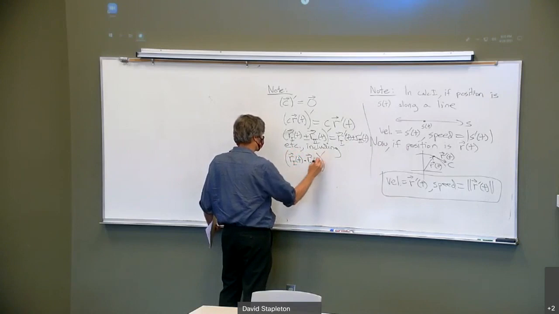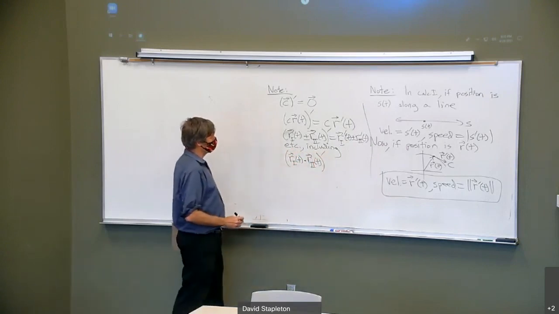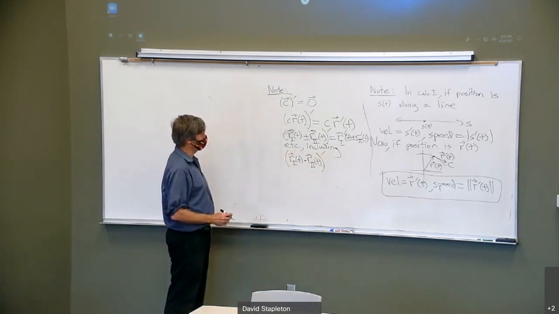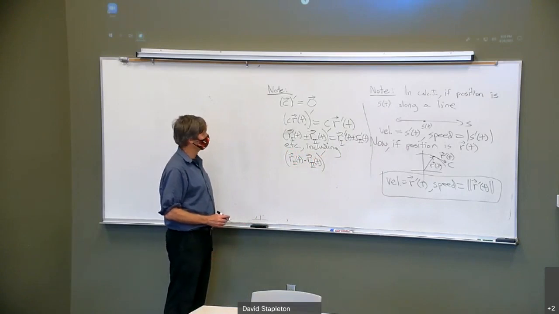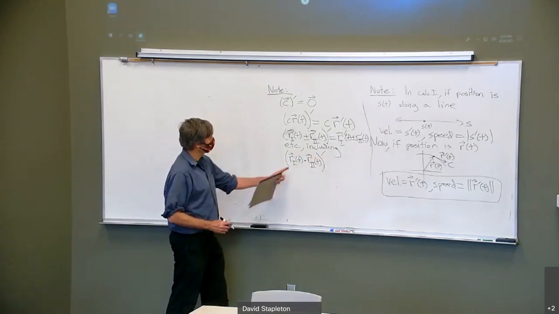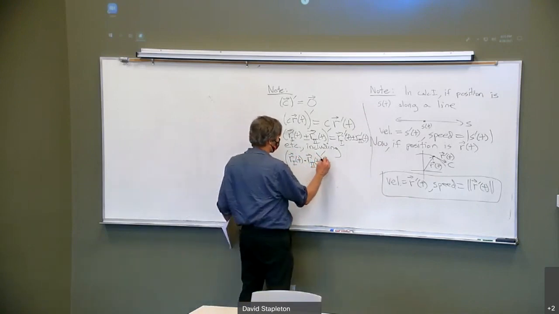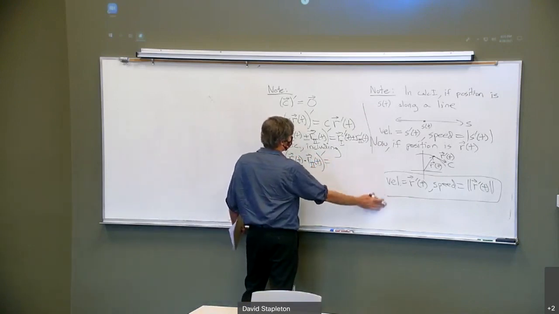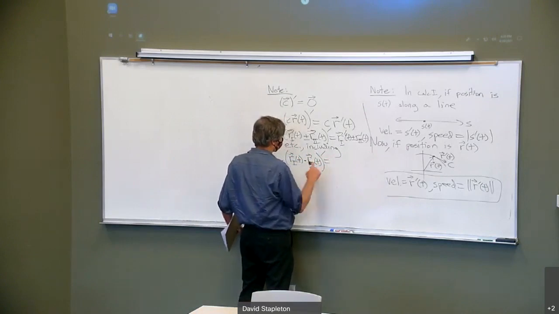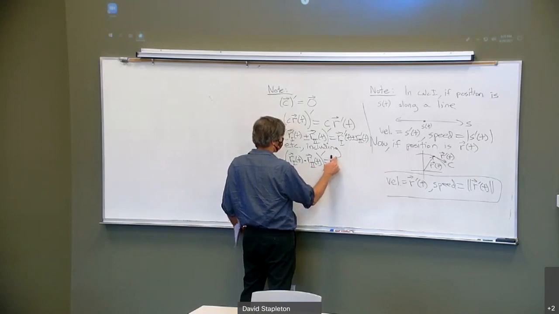And then take the derivative. What would you guess it would be from the product rule of calculus 1? Derivative of this times this plus this times derivative of this, right? Except we'll use dot product instead of the product of calculus 1, because calculus 1 product only applies to functions, not vector value products.